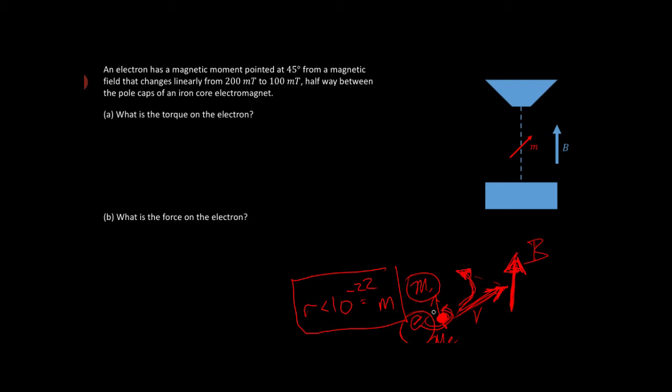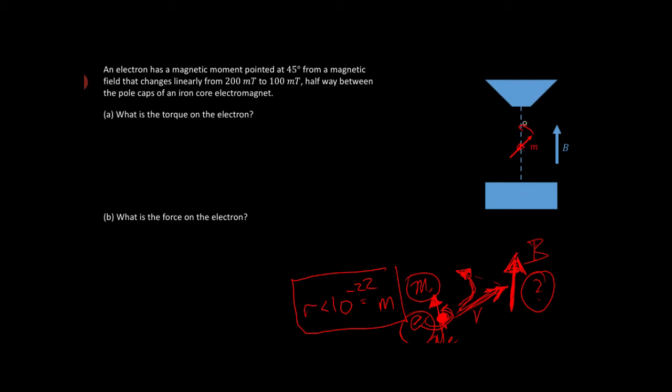But the electron also has this property of having a magnetic moment. The property of having a magnetic moment means that the field could interact with it in different ways, right? In fact, it can interact with it in two ways. One, part A, is going to be a torque. This torque is going to try to align this electron along the field direction.